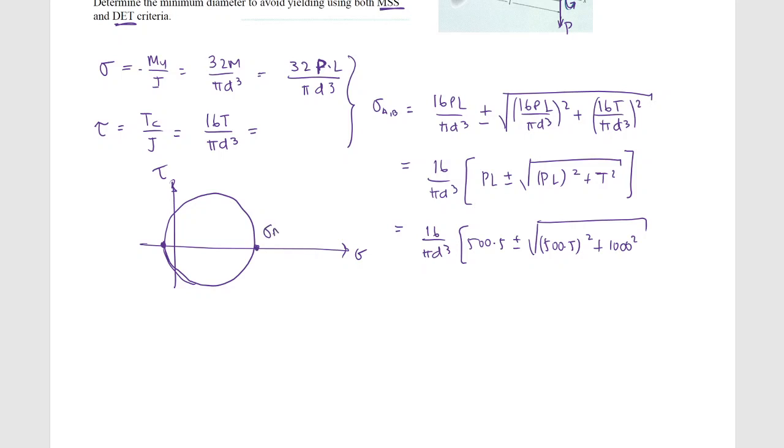So sigma A, which is sigma 1, is 26,450 over d cubed, in terms of d cubed, because I don't have d, that's what I want to find. And then this sigma B, or sigma 3, would be minus 981 over d cubed. Why is that 3? Because sigma 2 is equal to 0. Basically, if I did my 3D Mohr's circle with the other circles here, this is what I would get.